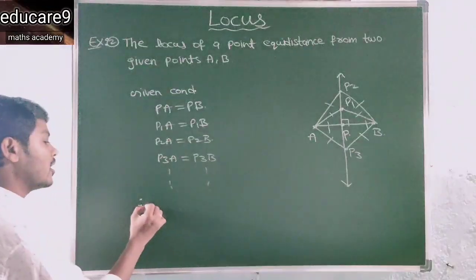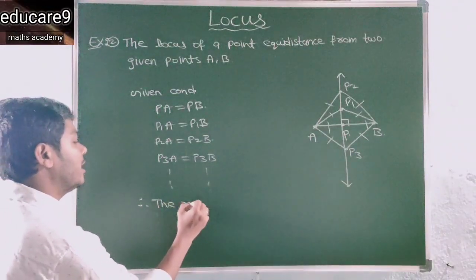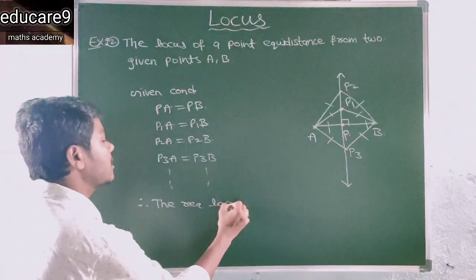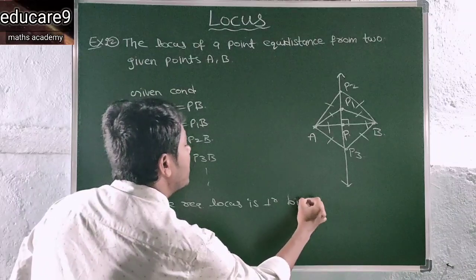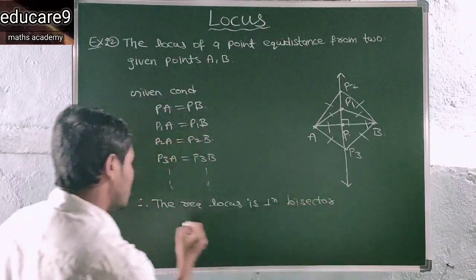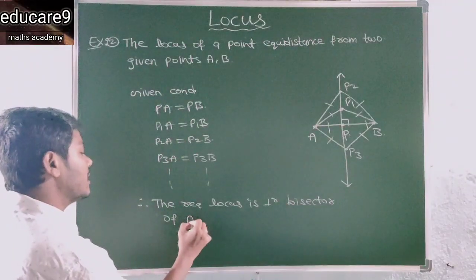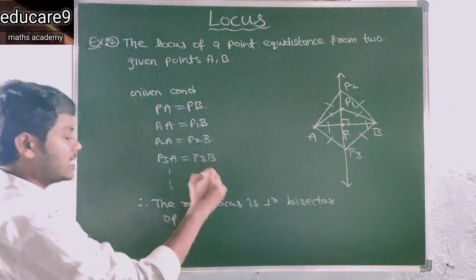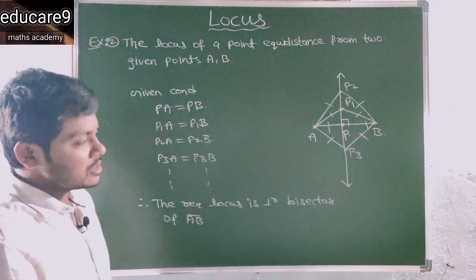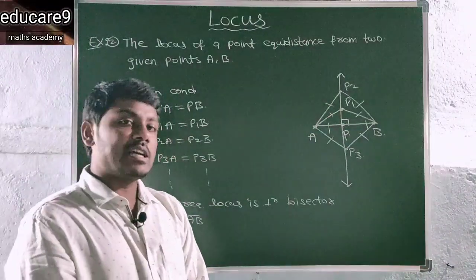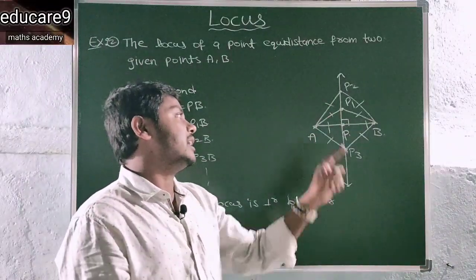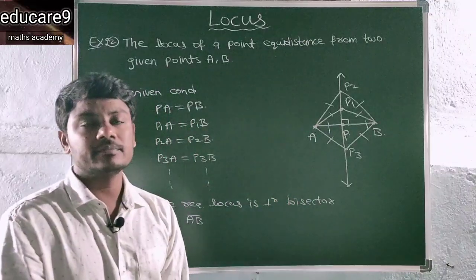So therefore, the required locus is the perpendicular bisector of the line segment AB.